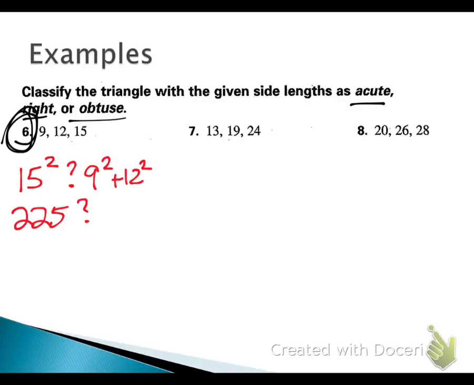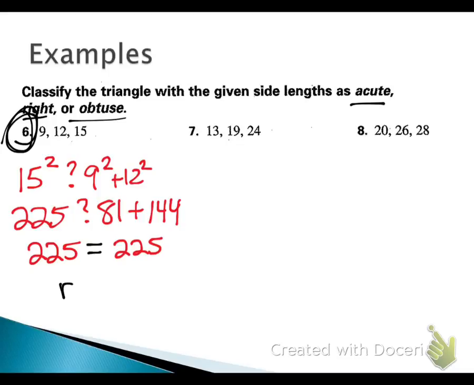Question mark, 9 squared, 81. 12 squared, 144. What do you get when you add those together? 225. So what type of triangle is this? A right. It is a right triangle because these two numbers are equal. So your answer would be right.